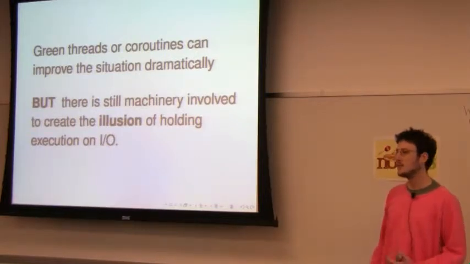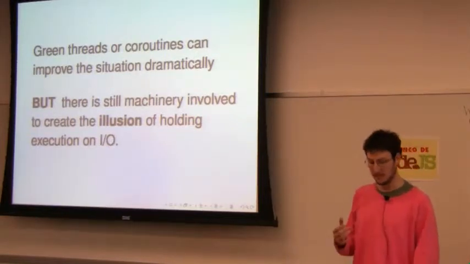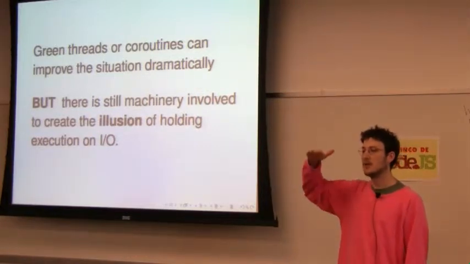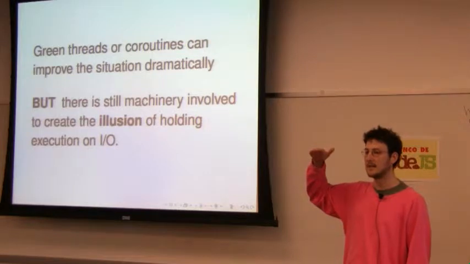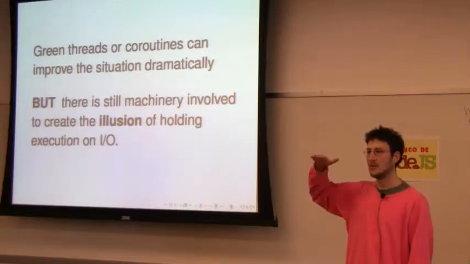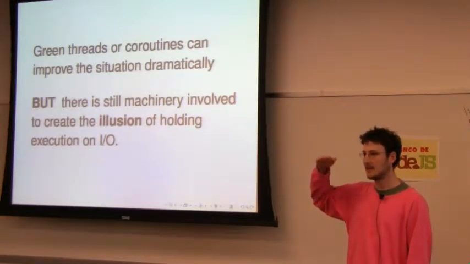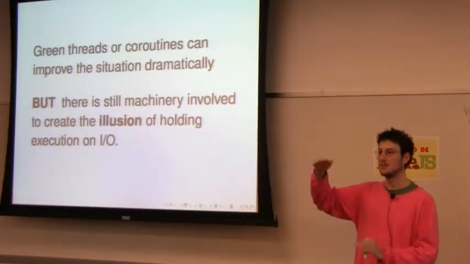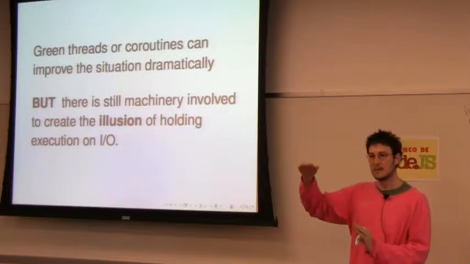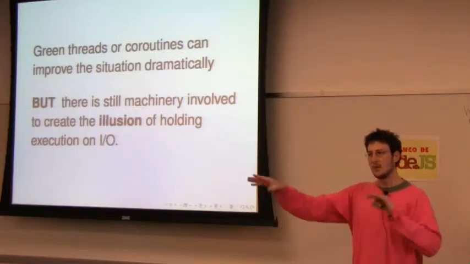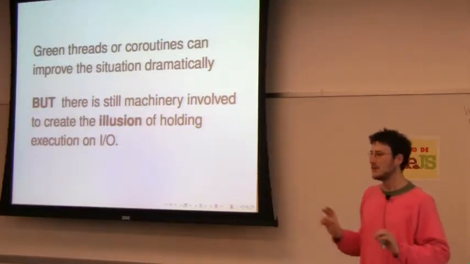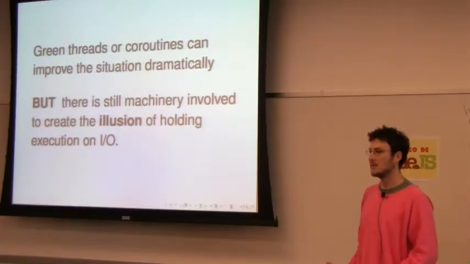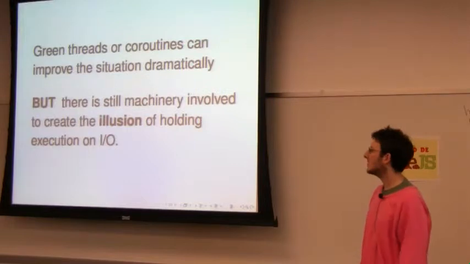Maybe the machinery is very good, but there's machinery involved to make it seem like when you call that function to query the database, your program is halted. It's not halted. Well, maybe it's halted if you're Rails or something. Maybe you just stop and don't do anything, which is bad. But if it's not halted, your program's doing other things. It has to create this illusion of just halting there, and that abstraction costs.